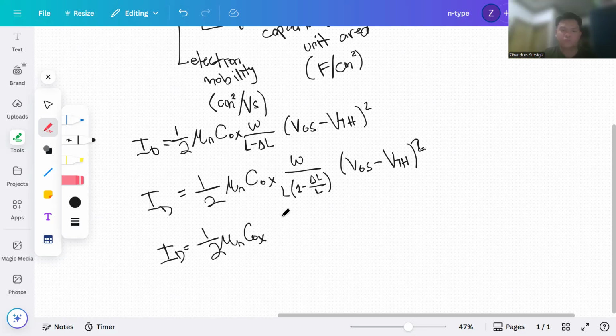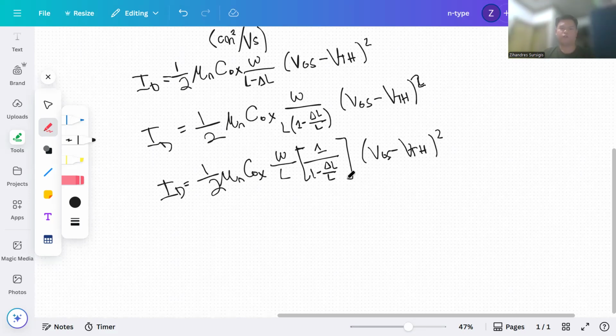So, pwede ko ilagay ito na W over L times 1 over 1 minus delta L over L times VGS minus VTH squared. So, itong term right here is crucial kasi kailangan natin siyang i-simplify.